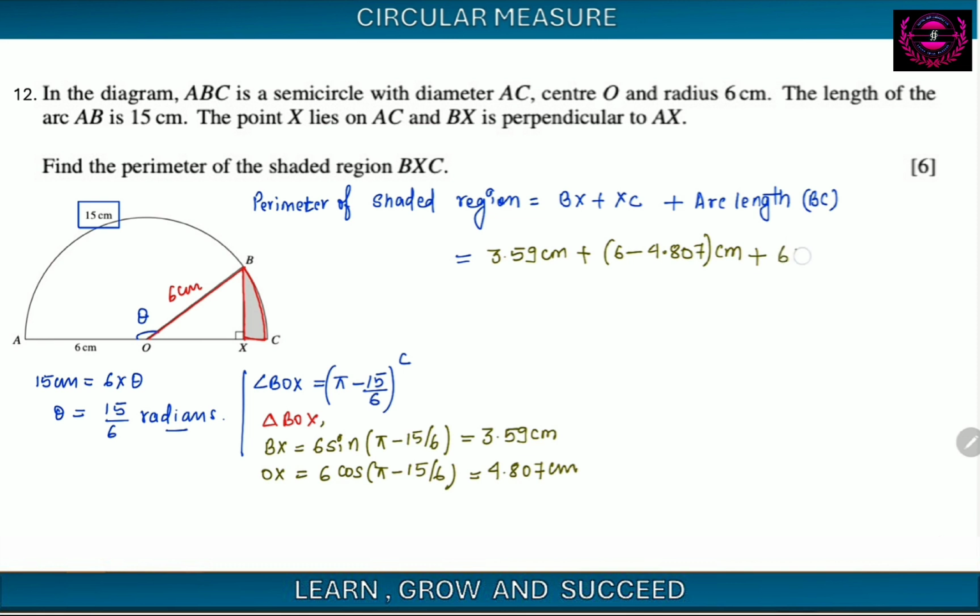So the radius is 6 into theta, which is (pi minus 1.5) by 6. Therefore, the total perimeter will be 8.63 centimeter. This is our final answer.